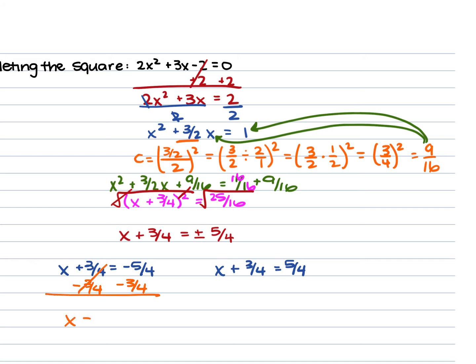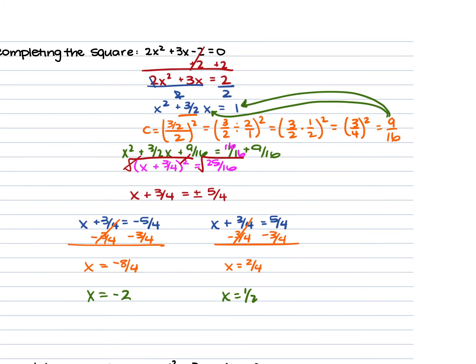So we're getting that x is equal to negative 8 over 4, which simplifies to be x is equal to negative 2. We do the same with the other. Subtract the 3/4 from each side. We get x is equal to 2/4, which gives us x is equal to 1/2. So our two solutions here are negative 2 and 1/2.